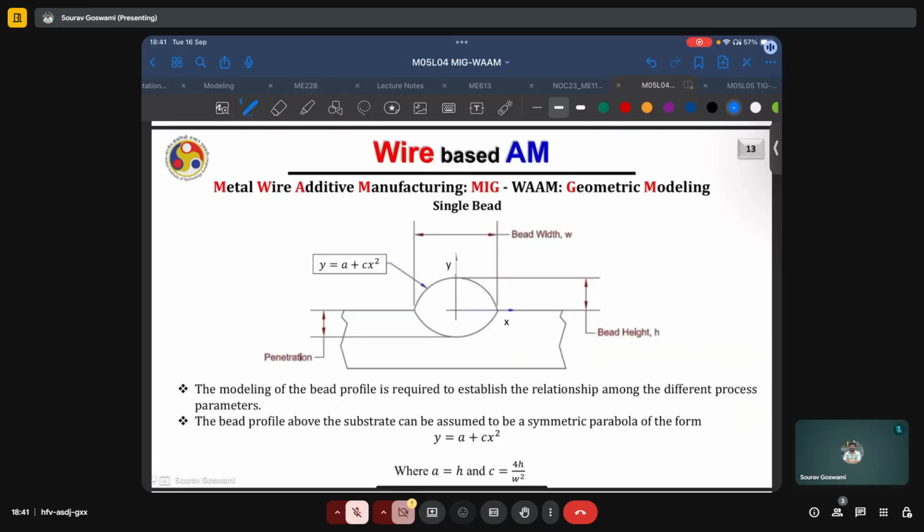Y is along the vertically upwards direction and x is along the transverse direction. The reason for this modeling is to establish the relationship across different process parameters and to be able to predict the bead geometry or the bead profile from the inputs that we give to the process.